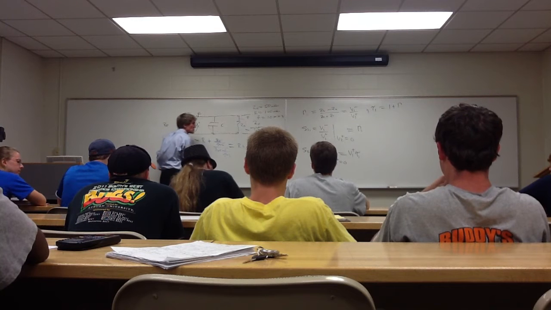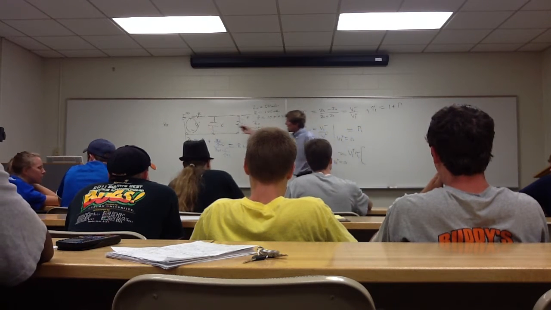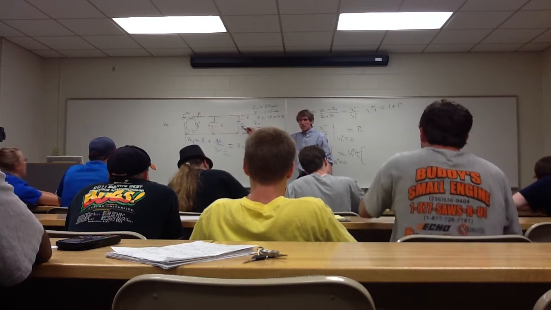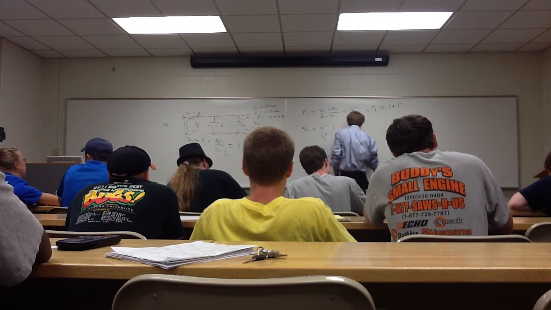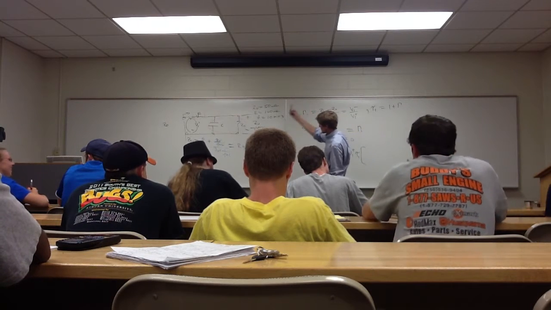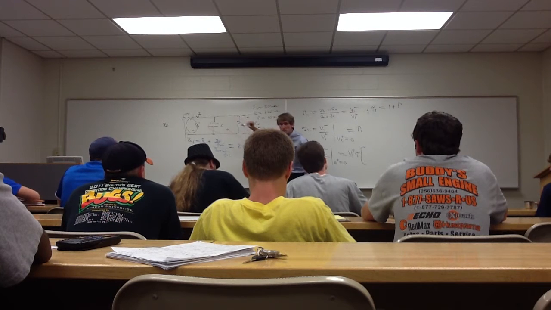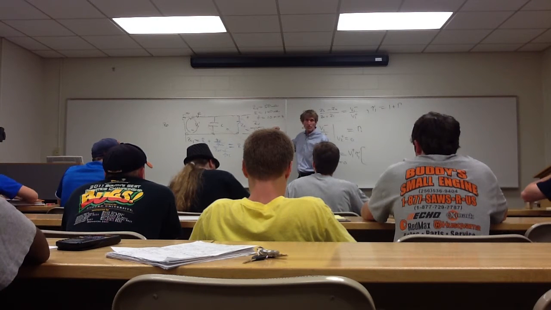So what I'm going to do is multiply this by this impedance, and that impedance would be equal to, if you look at it, and we did that right here, isn't that the impedance of this parallel combination, class? You all agree with that?